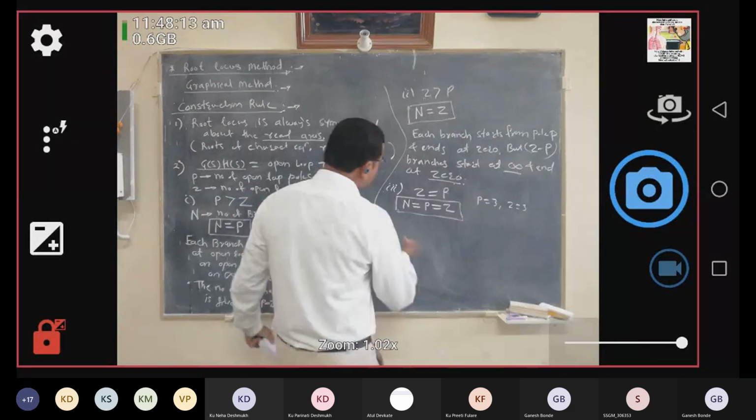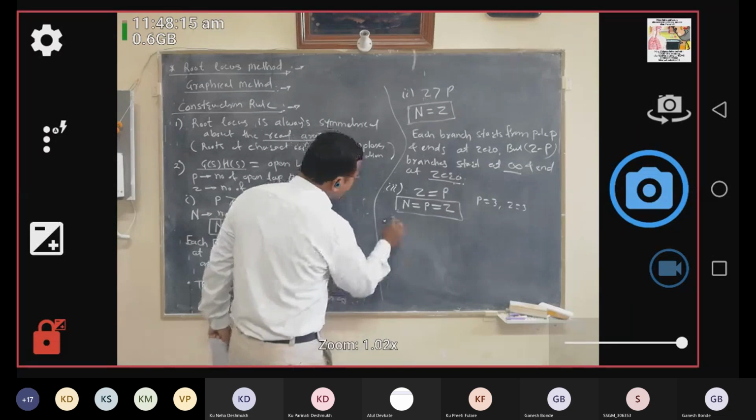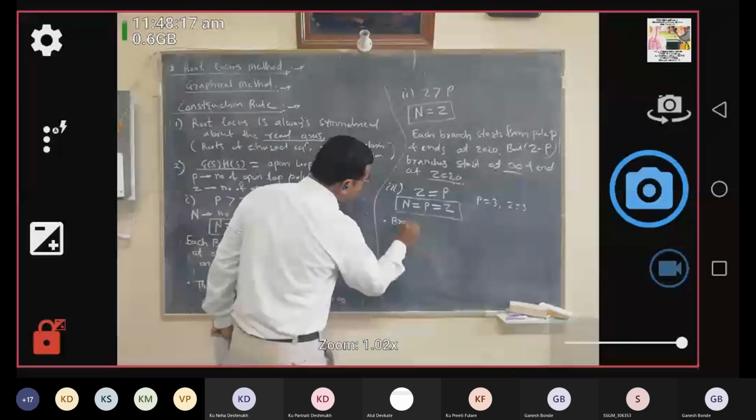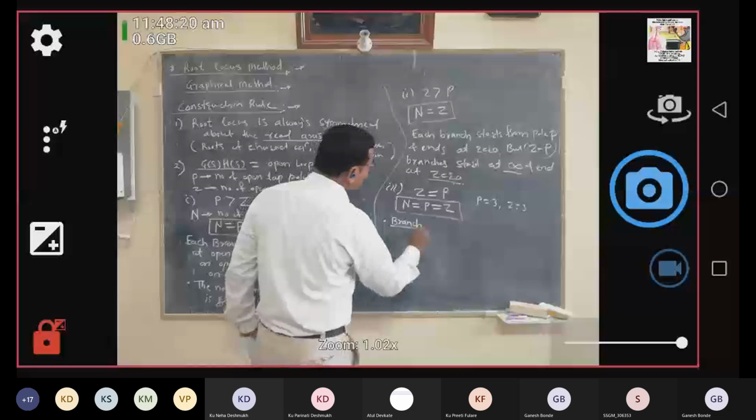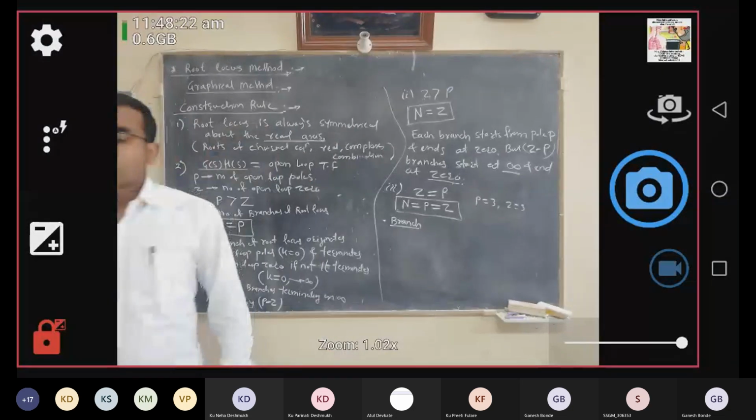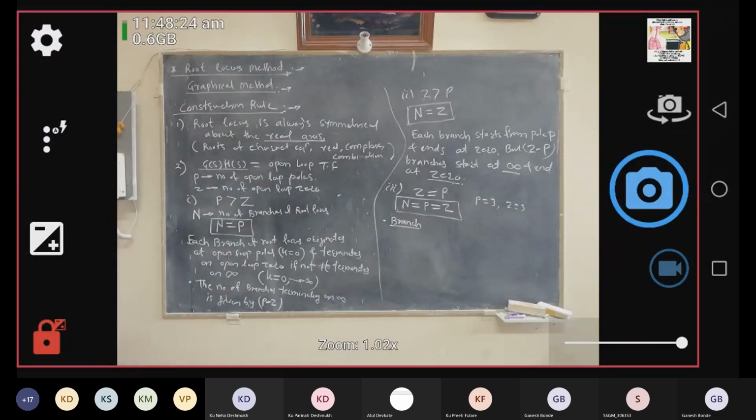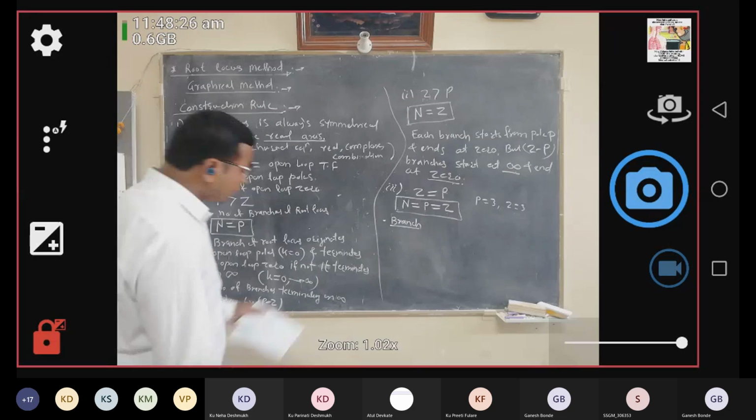Okay, and always remember the branch direction. Root locus branch direction is always from poles to zeros.